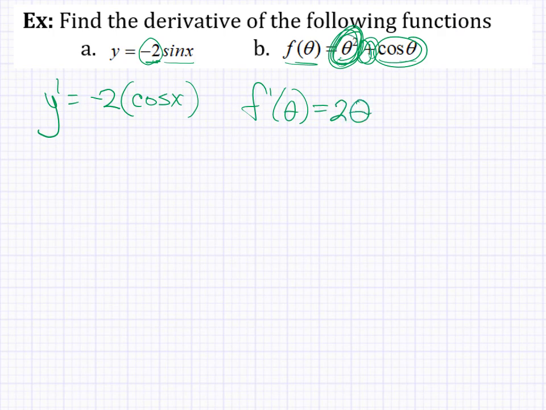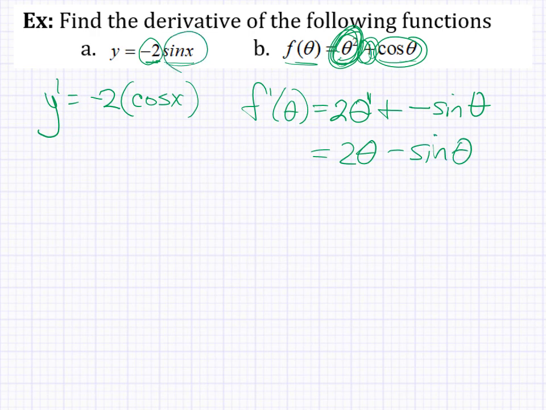Just pull the power out to the front, new power is 1. Plus, the derivative of cosine would be negative sine theta. So we would write our answer as 2 theta minus sine theta. Again, pretty easy. You're applying these new sine and cosine derivative rules along with some of our other stuff like constant multiple rules, sum and difference rule, power rule, etc.